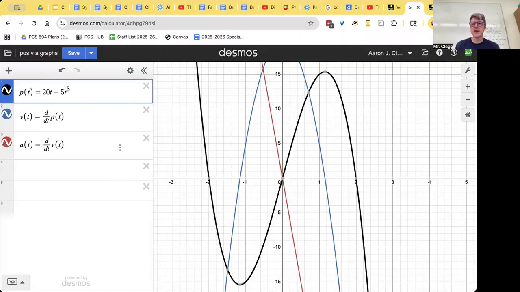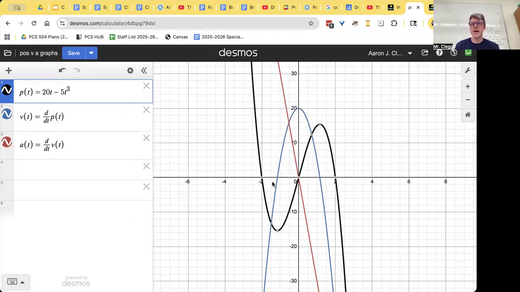So there we go. There we have the original function in black. Did I mess it up? 20t minus 5. Okay, there's the original one. And then we have the velocity function, and then we have the acceleration function.